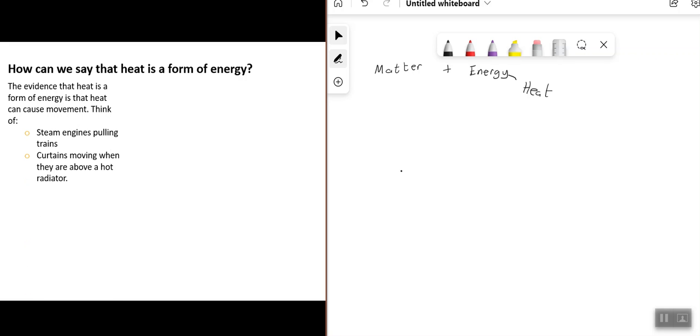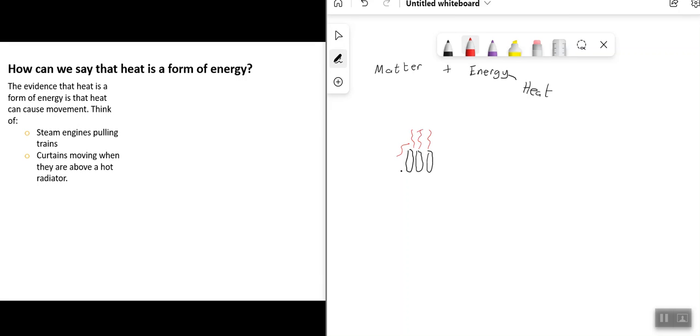Curtains moving when they are above a hot radiator. So for example, if you have a radiator here like this, and the radiator is turned on, what's going to happen is you will get these convection currents.